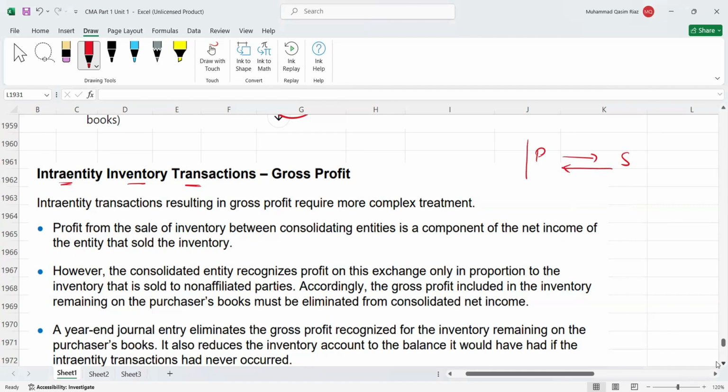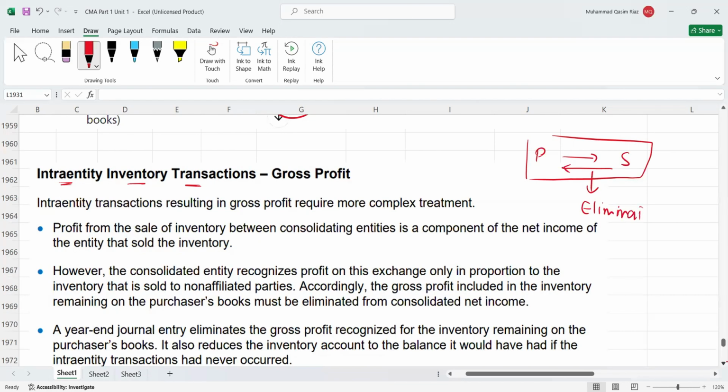Whatever intra-entity sale of inventory is there, we will eliminate. Whatever intra-entity purchase, sale or cost of goods sold is there, we need to eliminate.